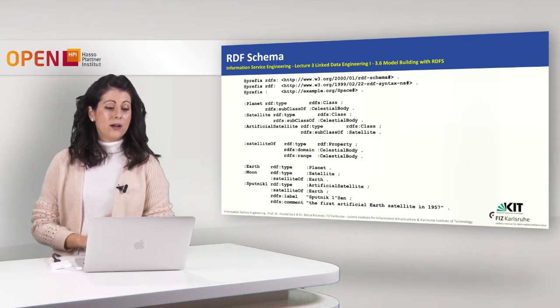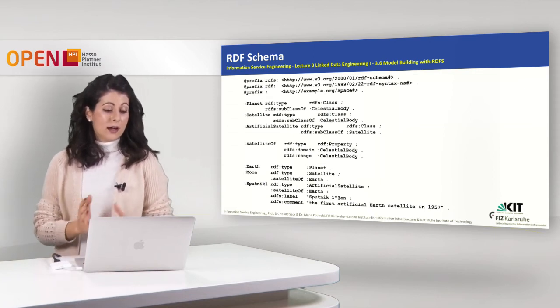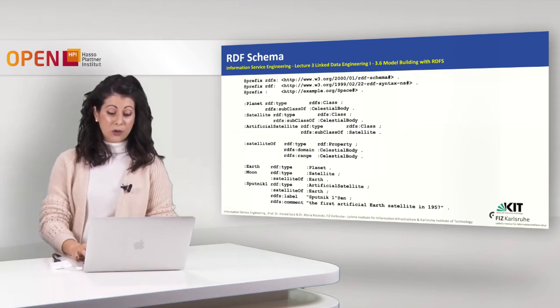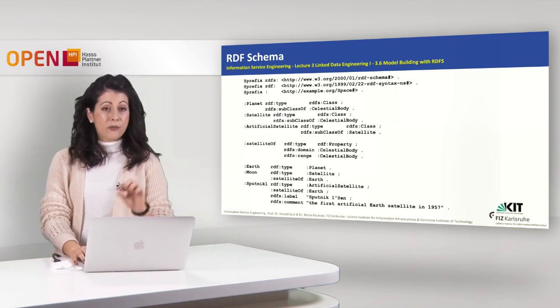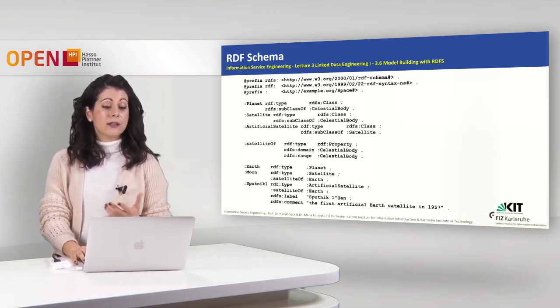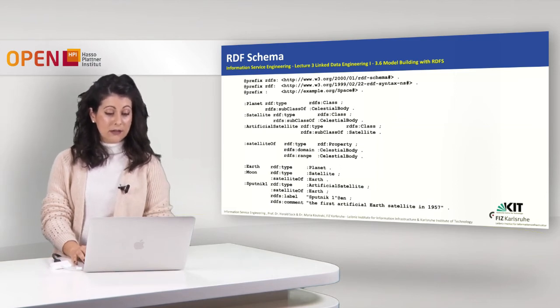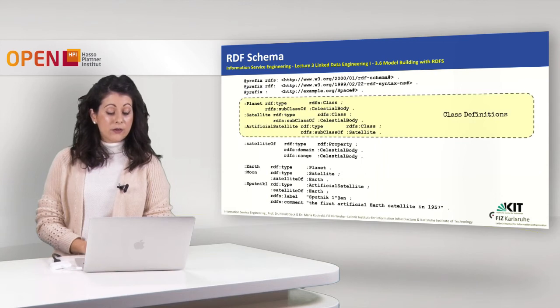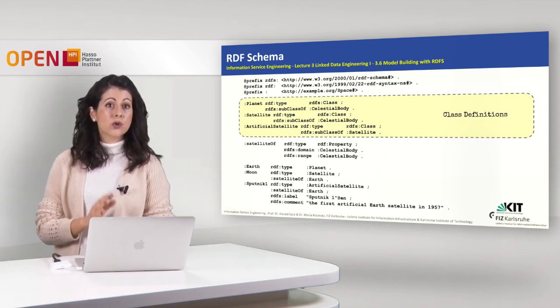And let us see a full example here. This is a part of an ontology in RDF. First, on top, we have defined our prefixes, which we are going to use next in the ontology. And then, first, we have the class definitions. What do we see here?